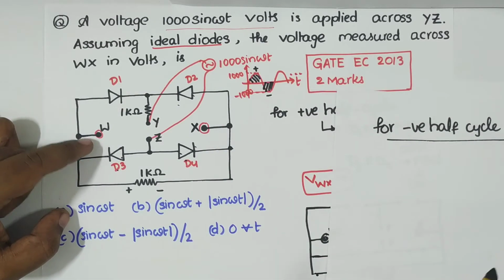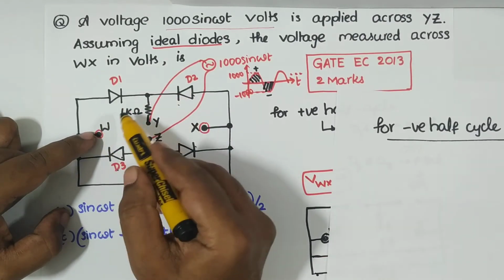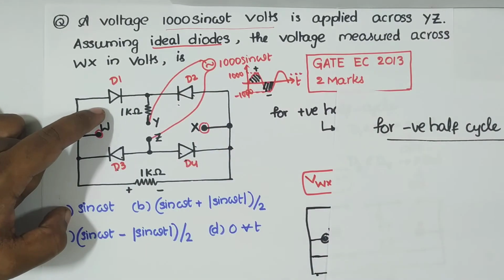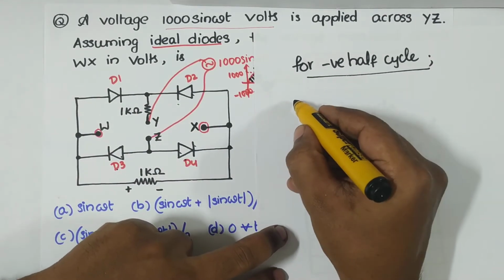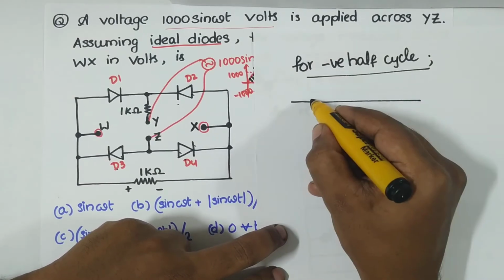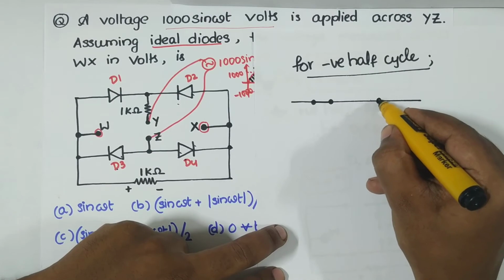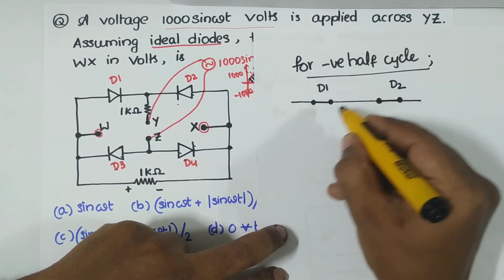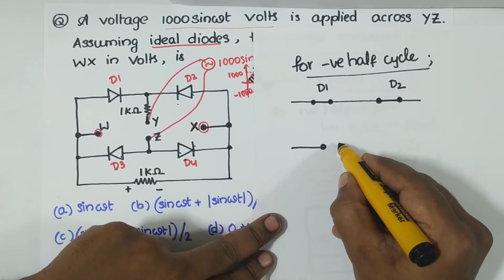As D1 and D2 are also ideal diodes, there is no forward resistance, so the cut-in voltage we can take as 0. Simply, we can redraw the circuit like this. D1 ideal and D2 ideal we can replace by shorts, and the other two are out of the race now.